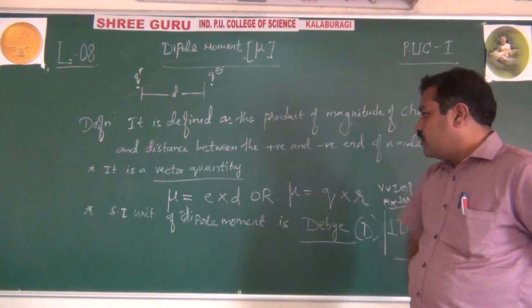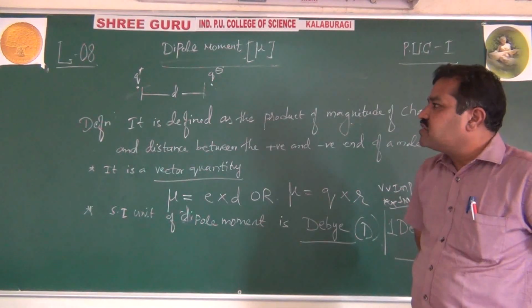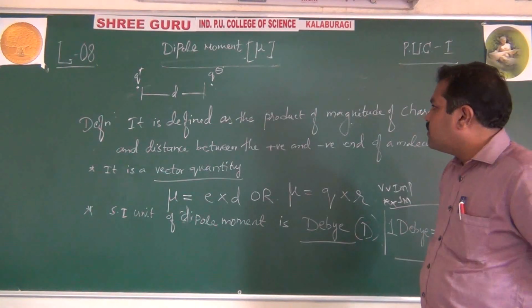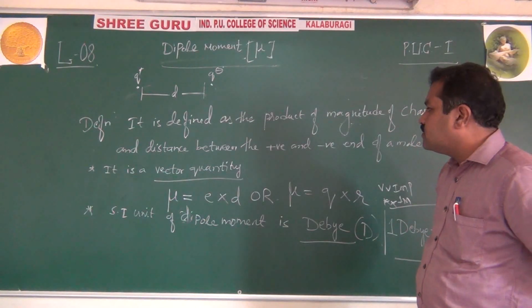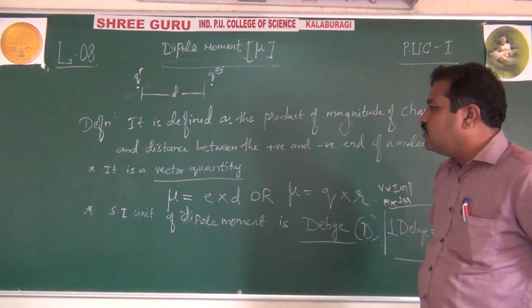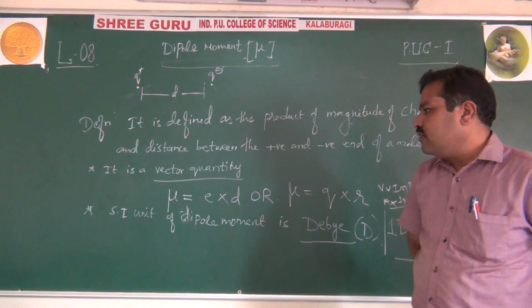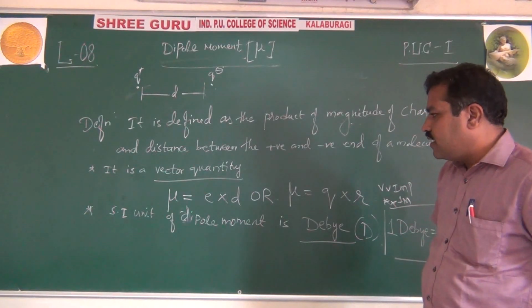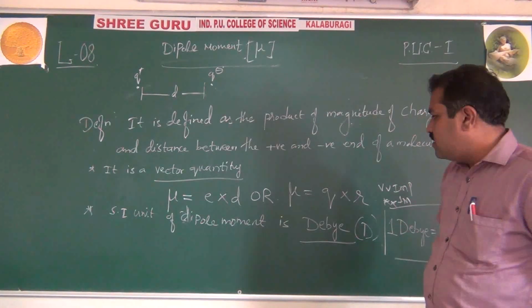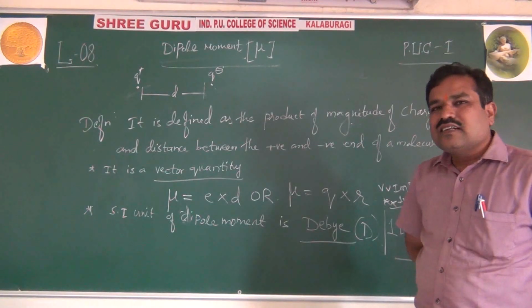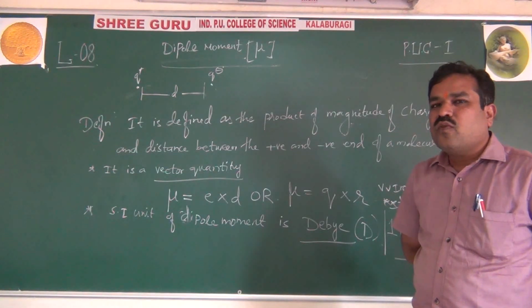So this is the basic idea of the definition of dipole moment. It is defined as the product of the magnitude of charge and the distance between the positive and negative end of the molecule. It is a vector quantity depending on both magnitude and direction. Mathematically, mu is equal to e into d or q into r, where e or q is the charge and d or r is the distance between the positive and negative end.